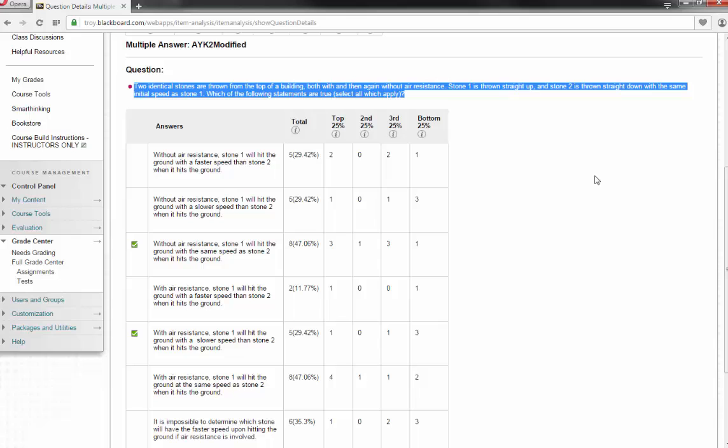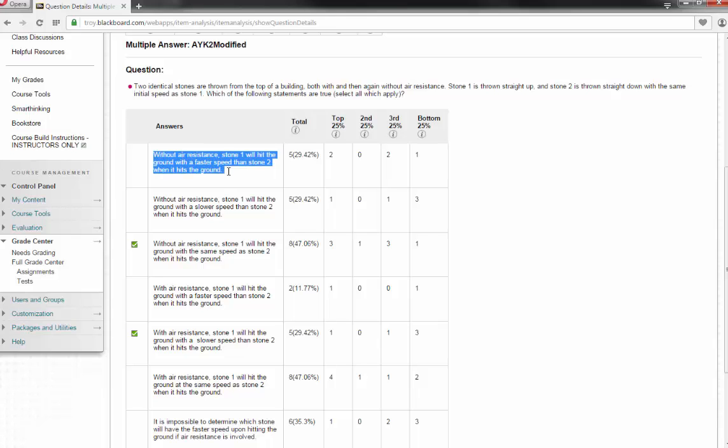The question is, which of the following are true? Possibility 1: without air resistance, stone 1 will hit the ground with a faster speed than stone 2. Possibility 2: without air resistance, stone 1 will hit the ground with a slower speed than stone 2. And number 3: without air resistance they will both hit the ground with the same speed.